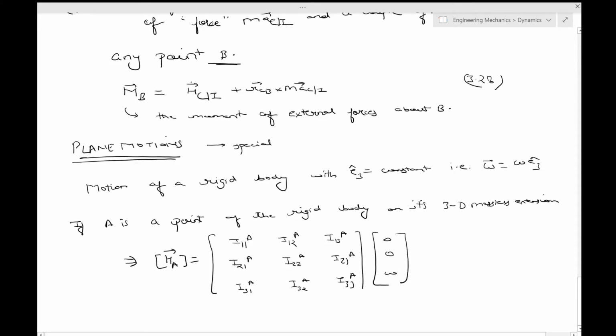Now this can just be simply written as I13A omega, I23A omega, I33 of A omega.